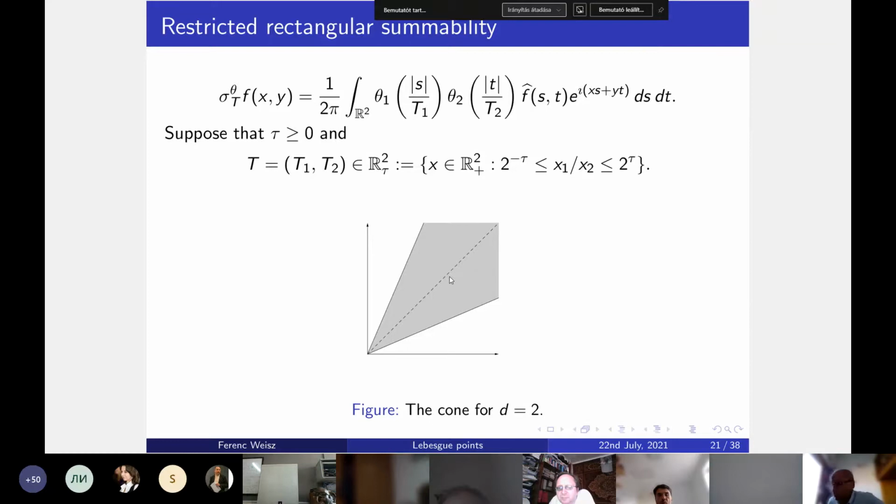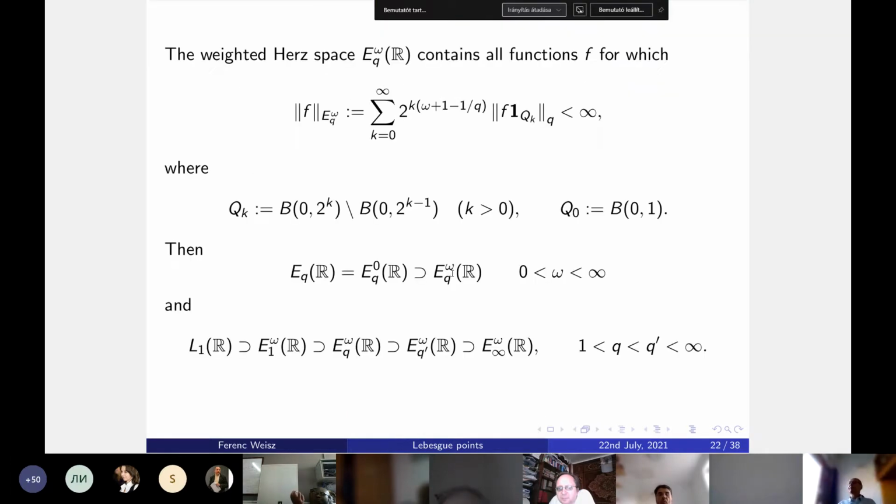This case was considered first by Hardy, no, not Hardy, Littlewood, but by Marcinkiewicz and Zygmund. I introduce a new Hardy space, the so-called weighted Hardy space. The definition is almost the same as before. The only difference is that here I have a positive number omega.